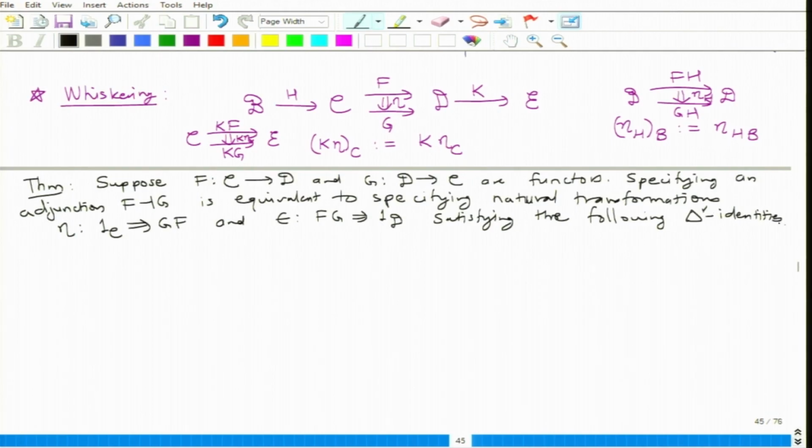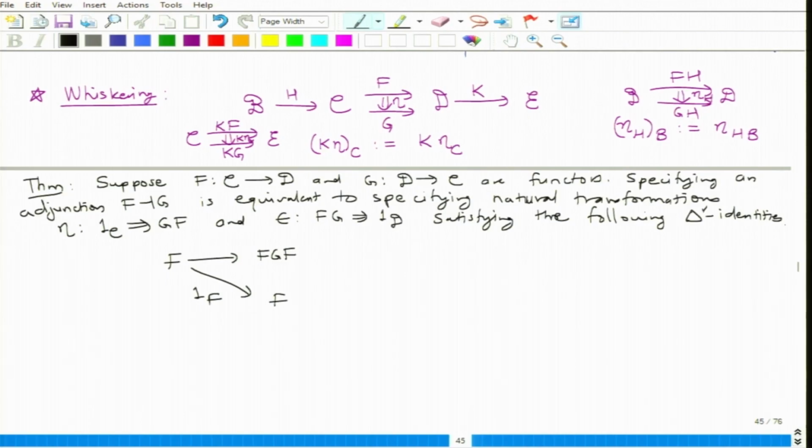Okay, so what are these triangular identities? You have F and F, you have 1_F, and here you have FGF. Can you tell me some natural transformation from F to FGF? F eta.